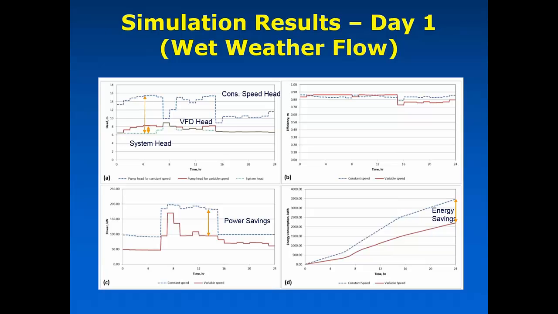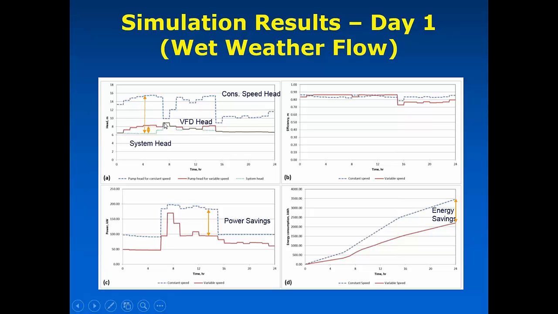Okay, so we're going to move on to looking at what that's like. We ran that system, we let the pump operation logic do what it was supposed to do. The best way to interpret what we have here, dealing with the wet weather flow first, is to look at the system head, and that is this dotted line in green here. You can see that for the variable speed system, shown in red, the difference between what the variable speed was able to do and what the system required is actually fairly small, and it could match it relatively closely.